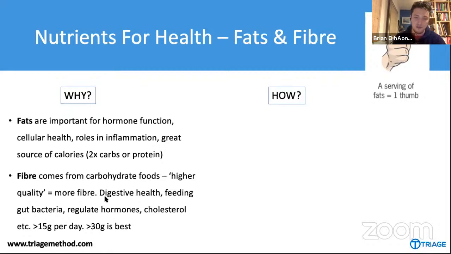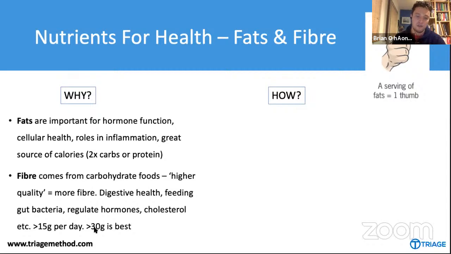So really important for digestive health. It feeds your gut bacteria, the friendly ones anyway, and they have a huge amount of roles in the body. You could do a whole seminar on this. Helps regulate hormones and clear excess cholesterol to help manage cholesterol levels if that's relevant.